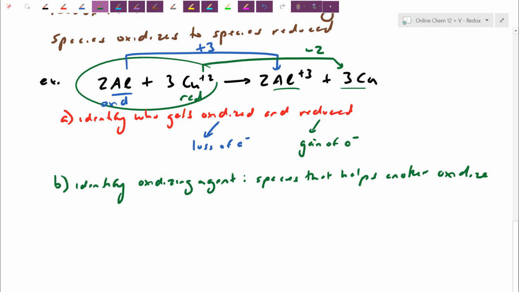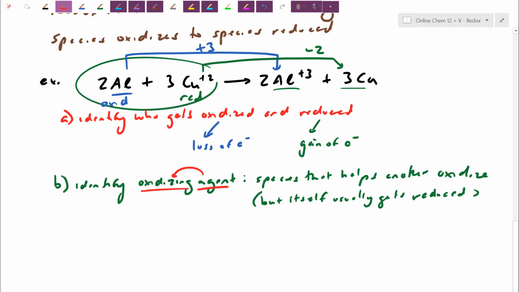It helps something else lose electrons. Usually, this is just a nice memory aid for us, but itself usually gets reduced. So if I ask for a definition, I want you to see that first part. As an agent, I'm supposed to help someone oxidize. I'm not the one that's actually oxidizing.